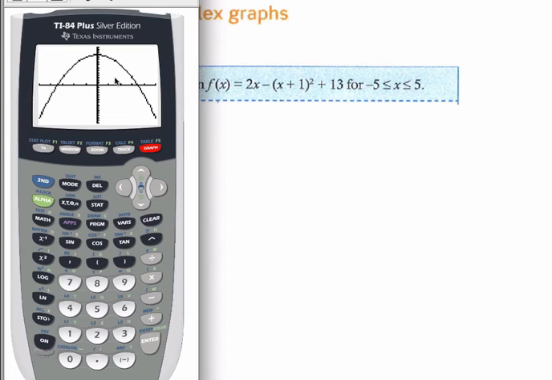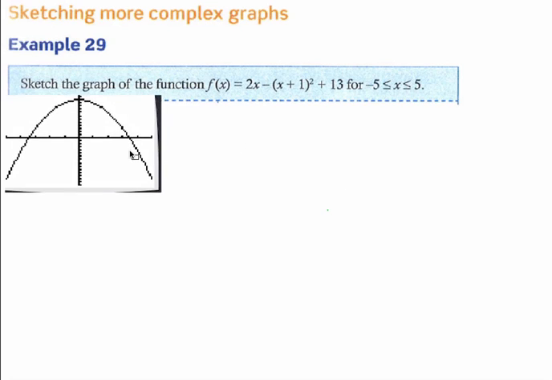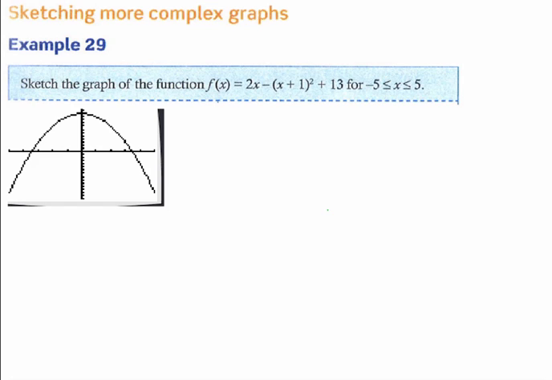Alright, so I'm just going to get a little copy of that, paste it over here, and to sketch that, we need to draw in some important bits here. So we've got f of x here, and x, and this is what it looks like.